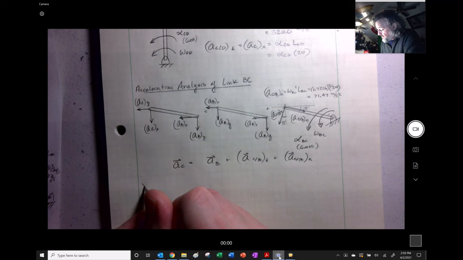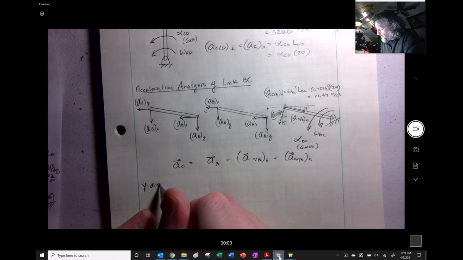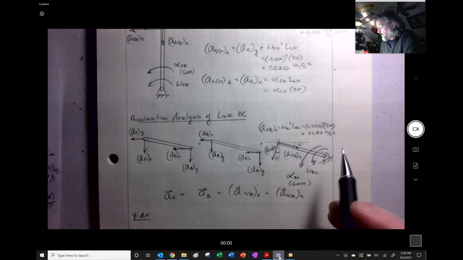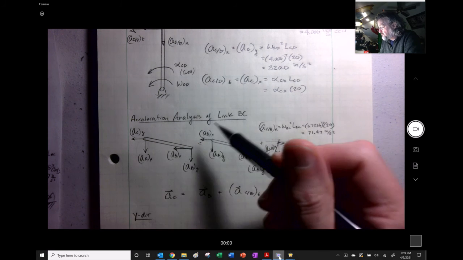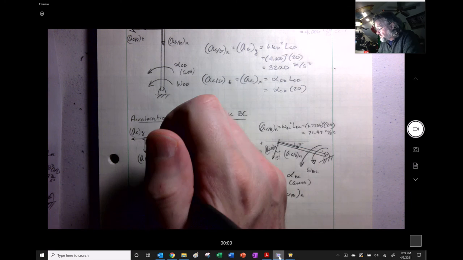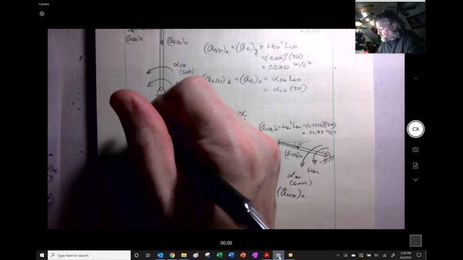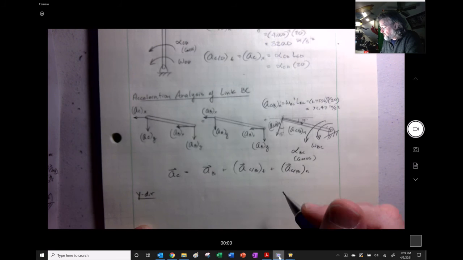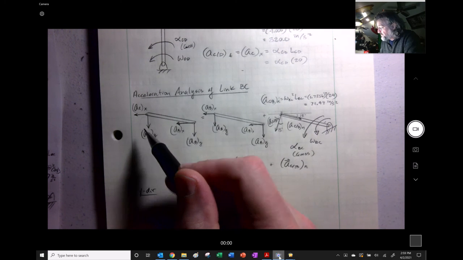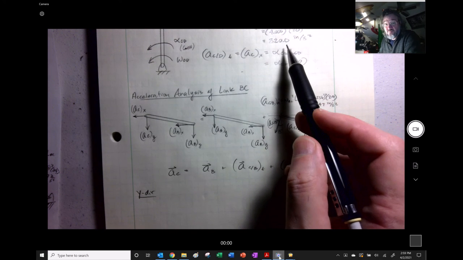So I'm going to start with the Y direction. I know this value from up above, I just wrote X and Y. Wow, that was weird. Y and X, there we go. I know this value completely. I just found it up here, right?